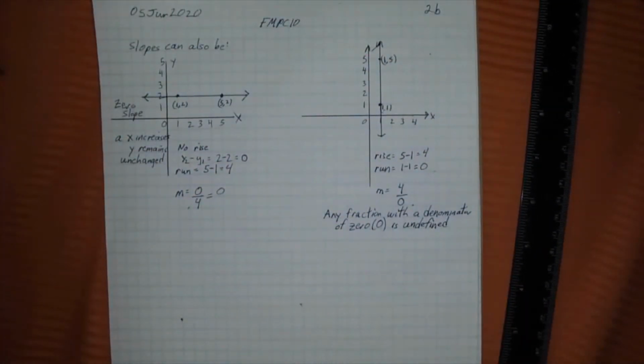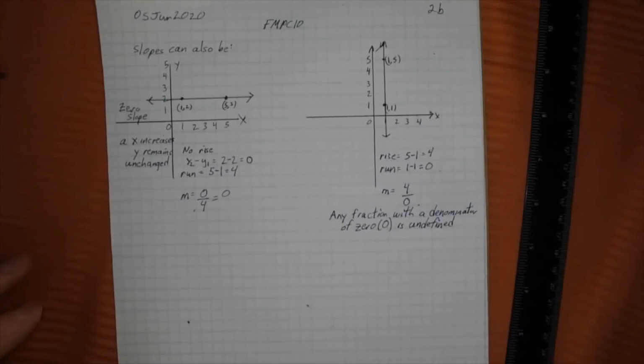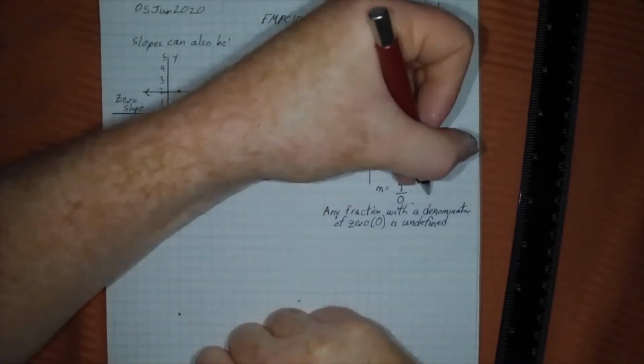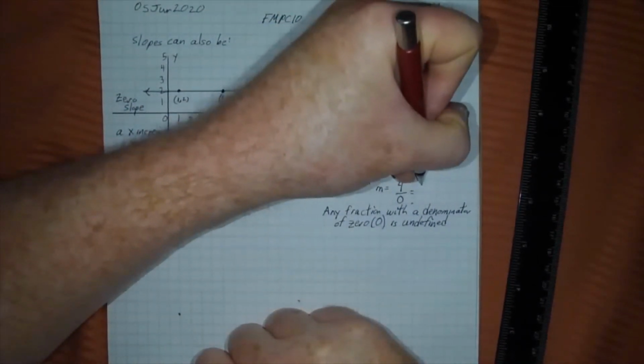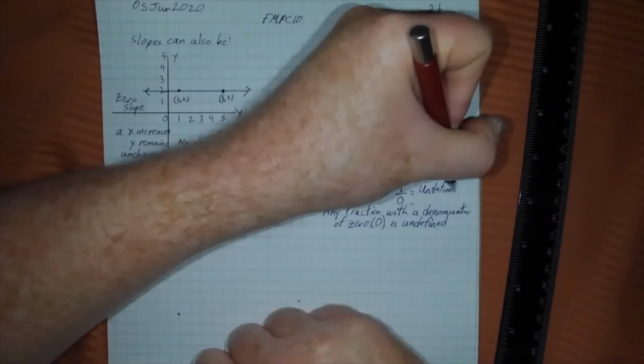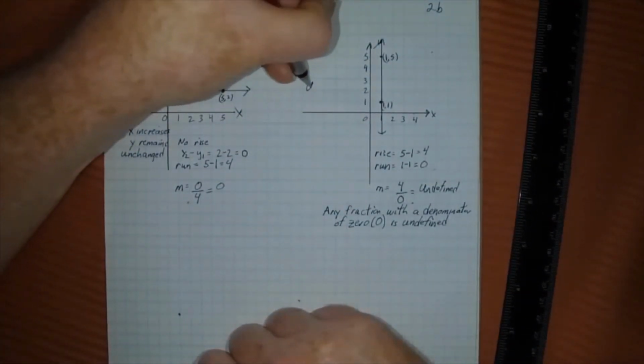We can't divide by 0. I can't have 4 apples and not divide them by 0. I can't give them to nobody, not even myself. That doesn't happen. Okay, any fraction with the denominator 0, we just call this undefined. And this is an undefined slope.